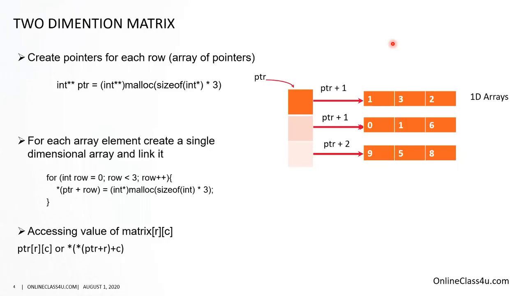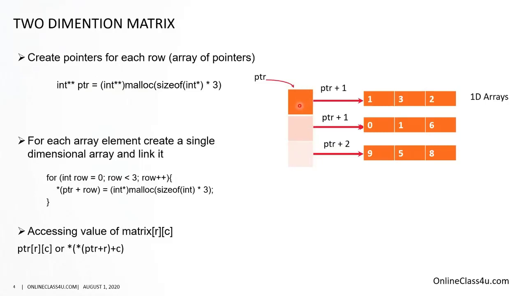The first step is to create an array of pointers. How to do that? We can create memory like this: int star star ptr, and I am allocating memory for integer pointer into 3. That means an array of 3, whose elements are actually integer pointers, and the type is set to integer pointer. So this statement will create my first array.